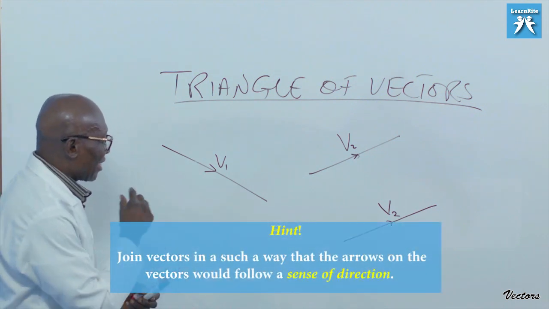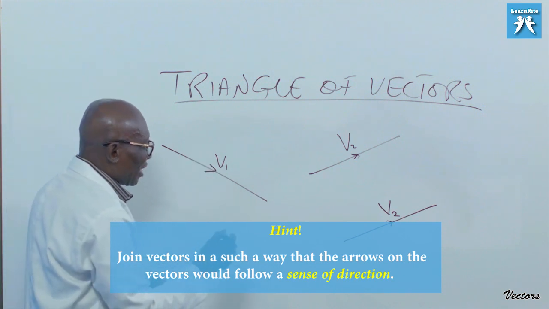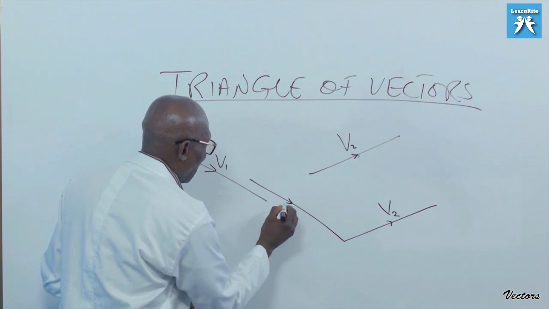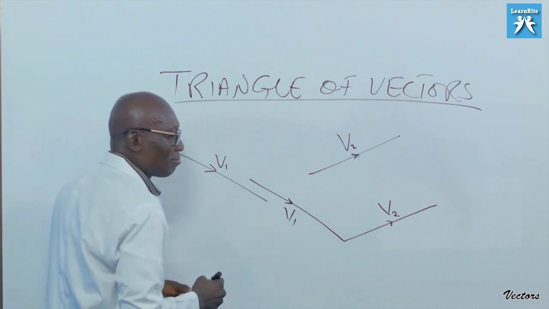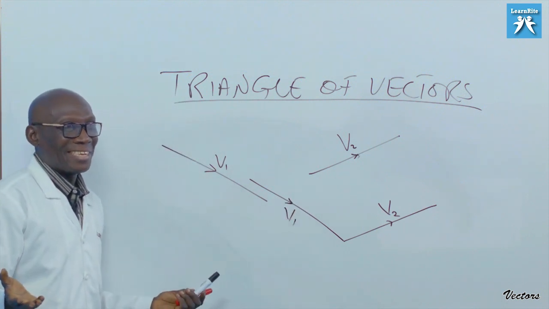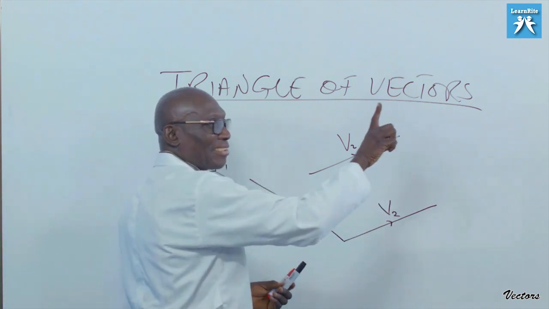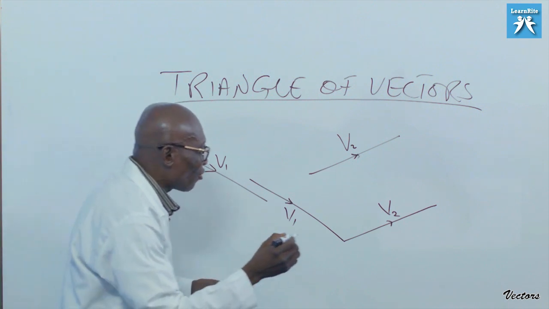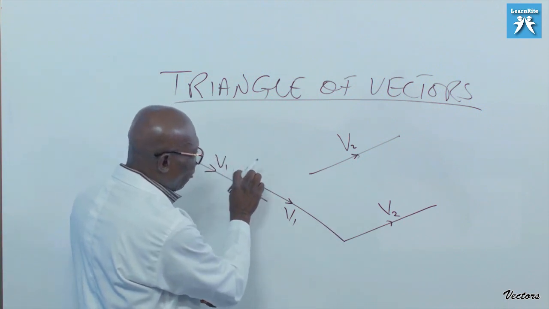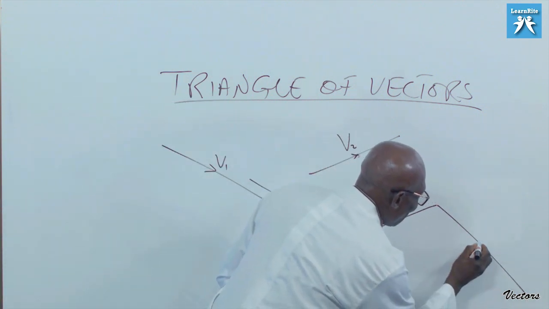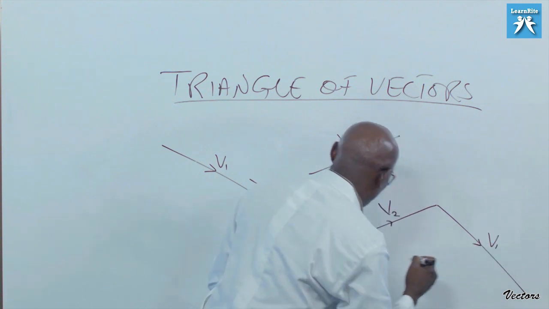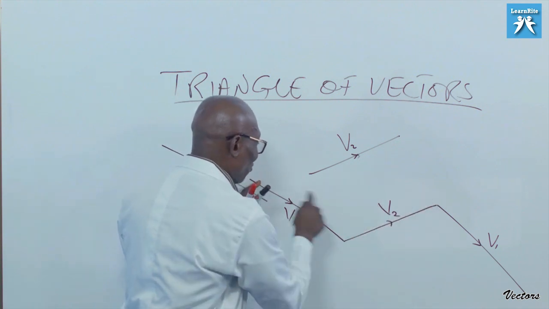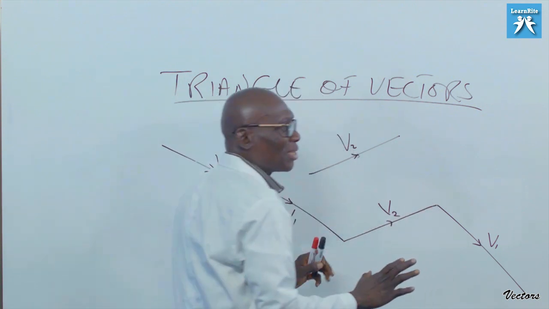So somebody can decide to take this vector and put it here. Watch it carefully. That is V1. And he's right, because the arrows are pointing in a sense of direction. Somebody can decide to also take this vector and join it over there, and this is V1. Either you join these 2 this way, or you join these 2 that way.